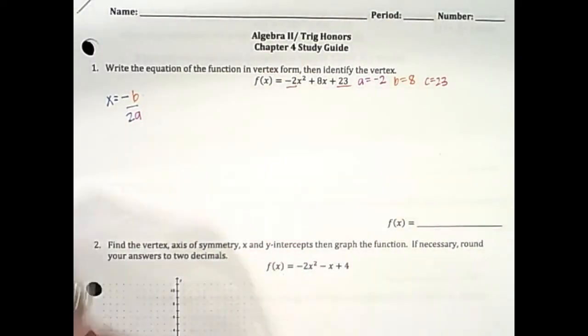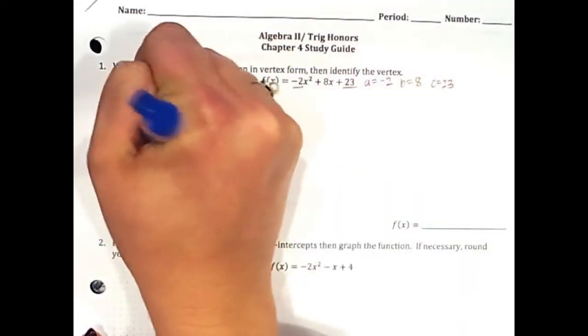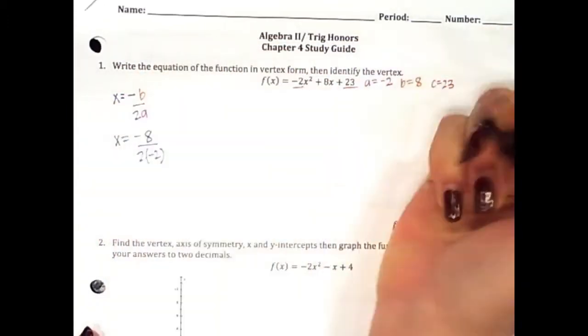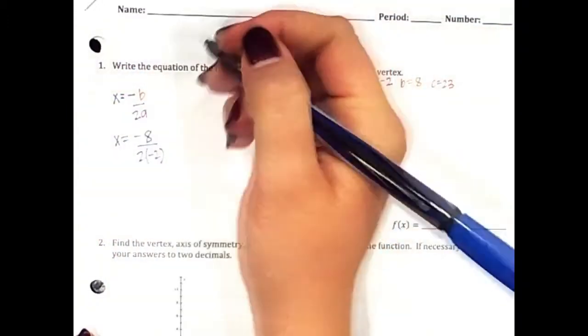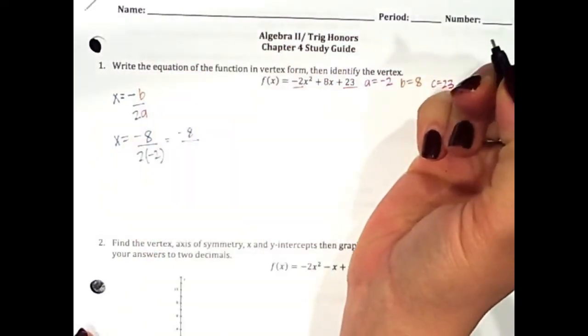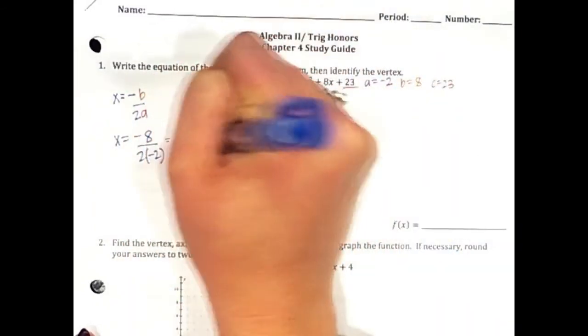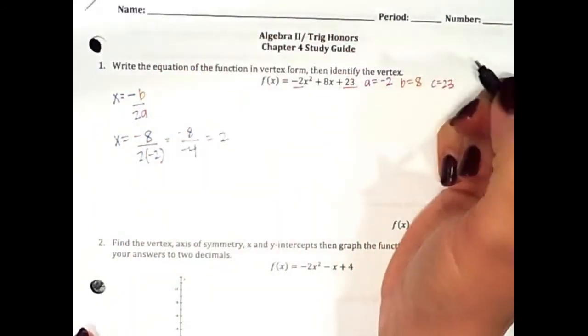Okay, so we're just going to plug in our values. Opposite of b, so opposite of 8 over 2 times -2, which is our a value. So when we simplify this, -8 divided by 2 times -2, which is -4, gets me a +2.